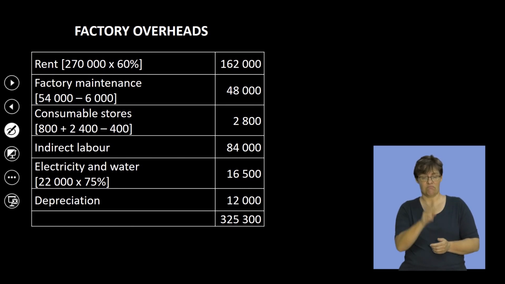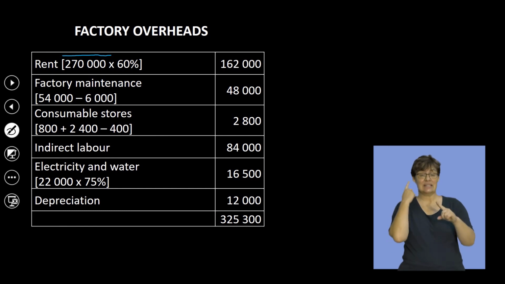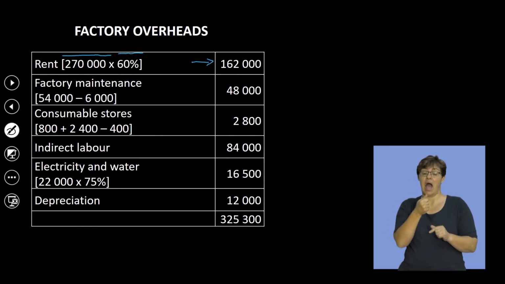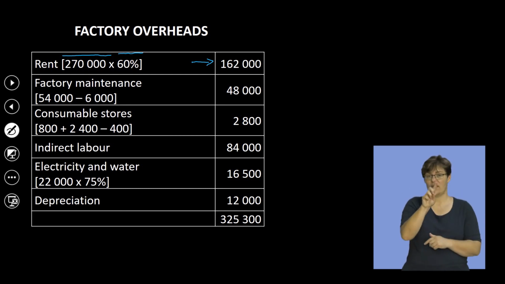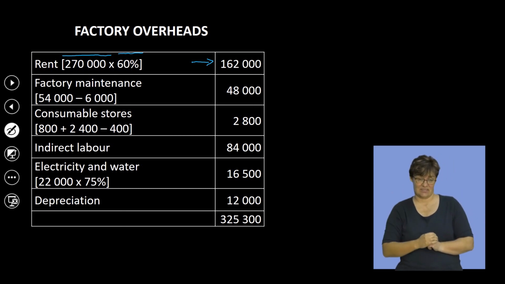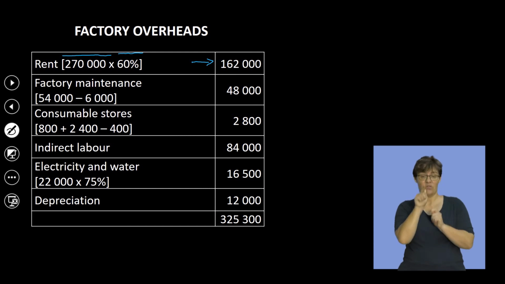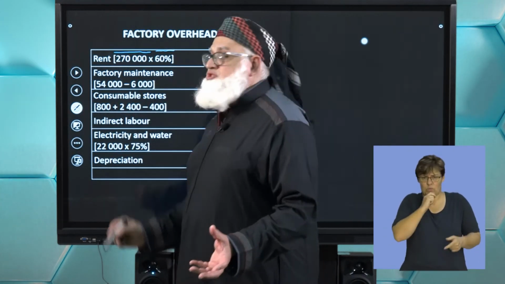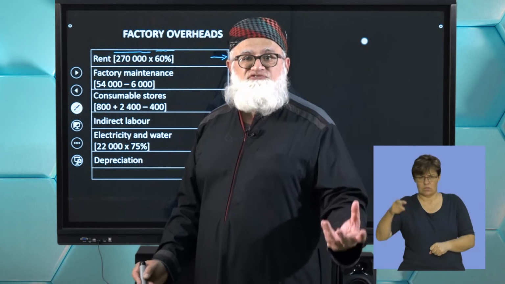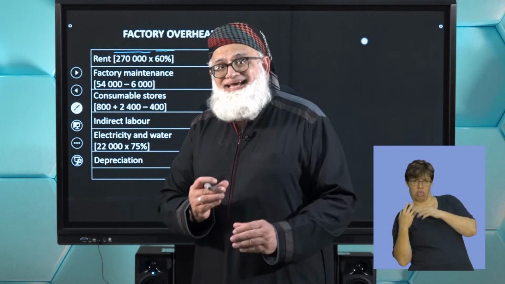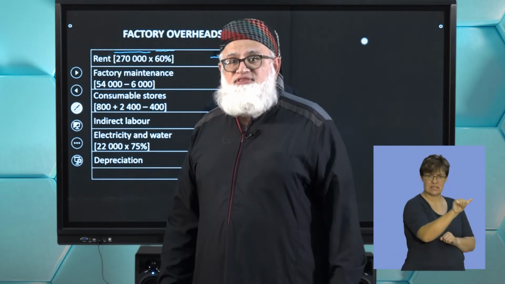Clearly you can see, there's my 270,000 times the 60% for the factory to give me the factory amount of 162,000 rand. So this is an adjustment that you need to process. You can't use the entire 270,000 for the factory. It's not fair. The factory only pays its proportion of the rental.